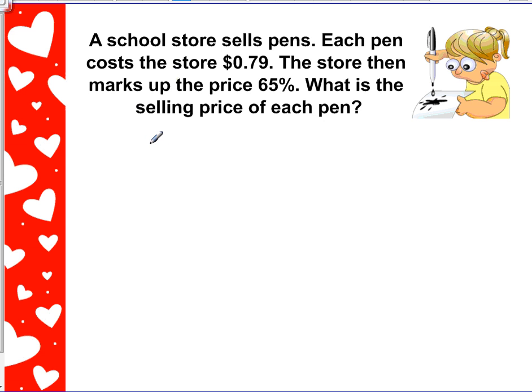We know that we have some selling price. We don't know what the selling price is. We have x minus 0.79, and we know that's over the store cost, which is 0.79 again. And this whole thing equals 65%, or I can say 0.65.